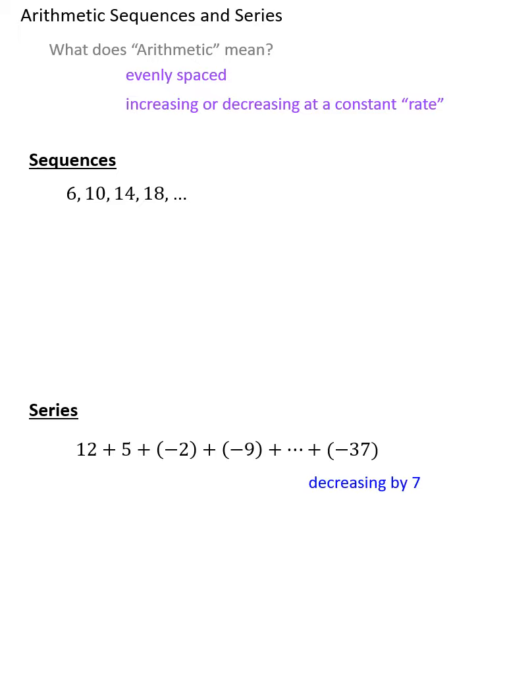So we could say it's decreasing by 7. We could also say it has a common difference of -7 because the terms are getting smaller. Or to use the formal language, D equals -7. We could also, by the way, write the series this way without the parentheses and the redundant appearance of the plus next to the minus.